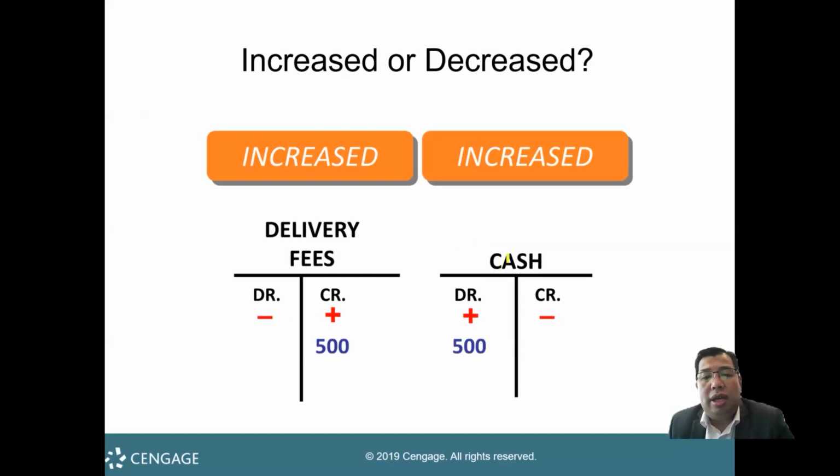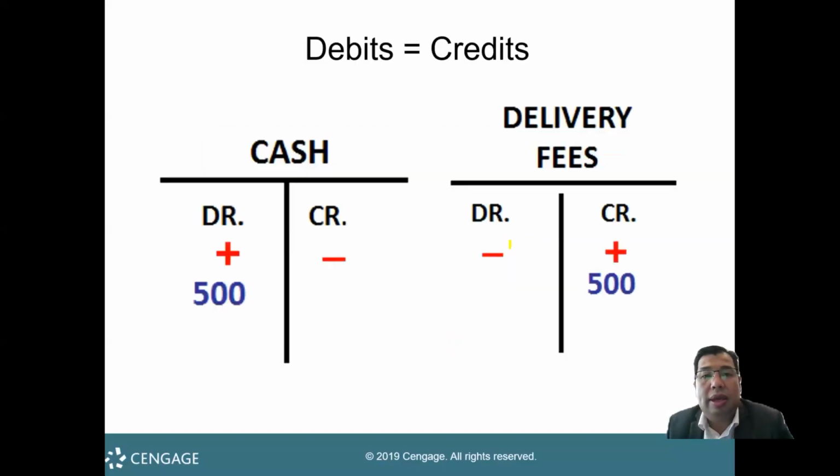So I'm going to credit my delivery fees revenue account, and increase my cash by 500. Debit cash, credit delivery fees. Our total debit and credit must be equal.